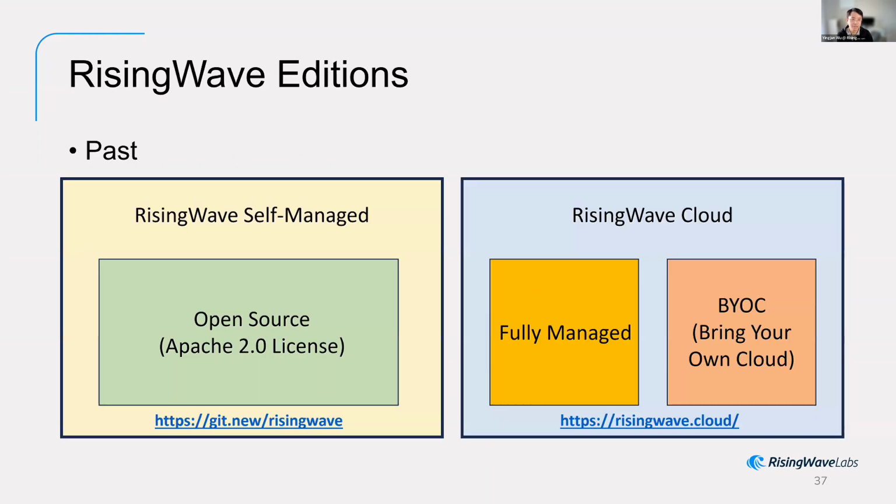Yeah, let's try to summarize. In the past, we have the RisingWave self-managed service, right? If you don't really want to use any cloud service and you just want to play with RisingWave or try it on a small scale, you can either download the RisingWave code, download a Docker image, or use Kubernetes to deploy RisingWave in your cluster.